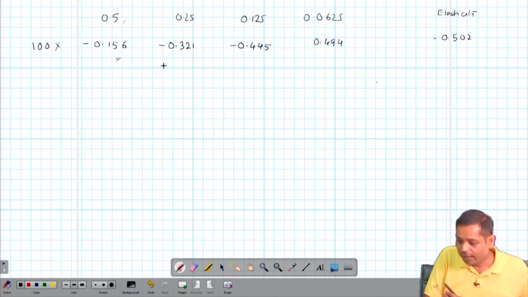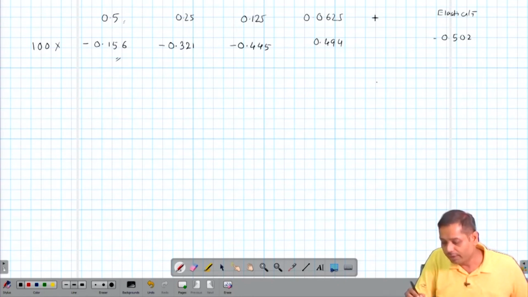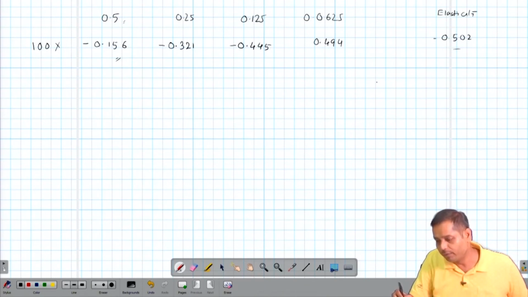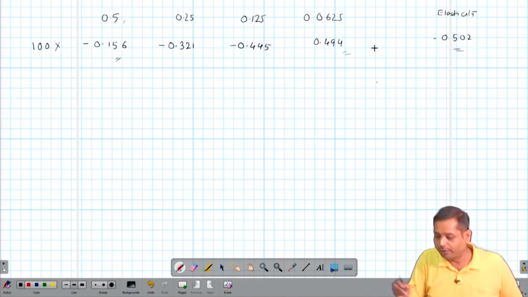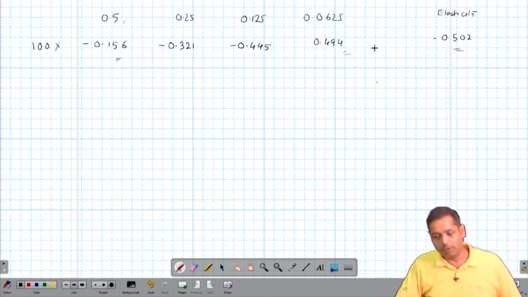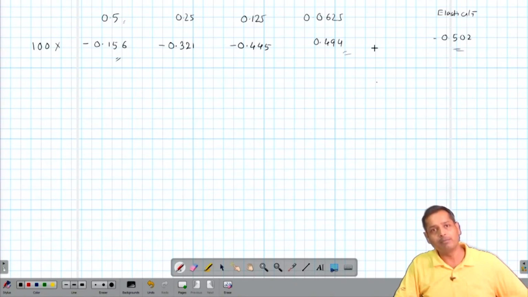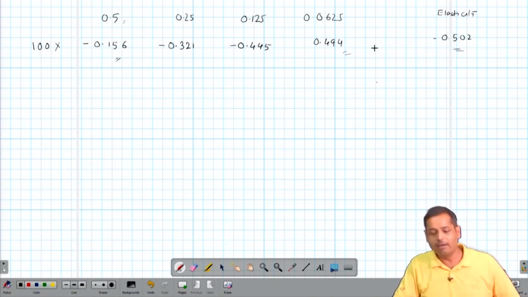The value is this, and as we go on, keep on increasing the number of elements, and eventually if you further take it, one level of refinement will give you probably much closer to this value, which is already very close. After some time, we will see that even if we increase the number of elements, the changes are very small.